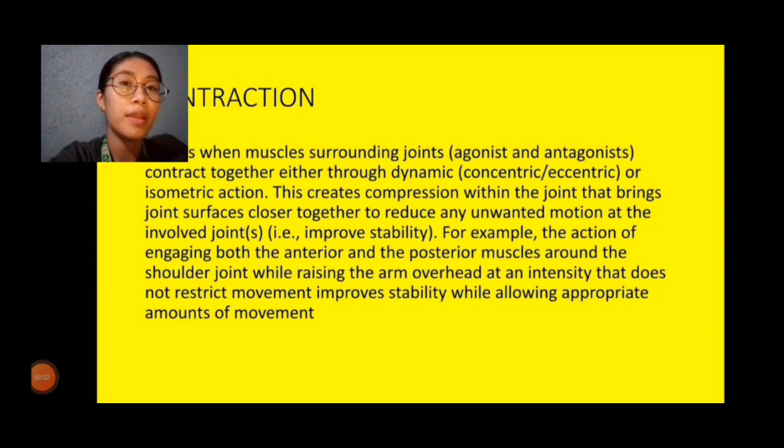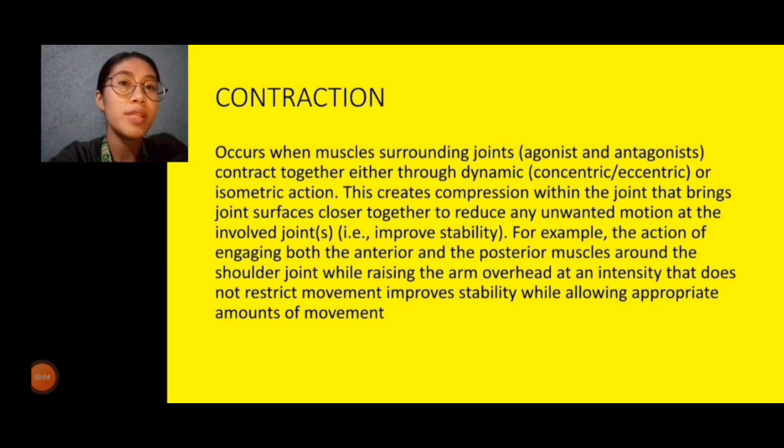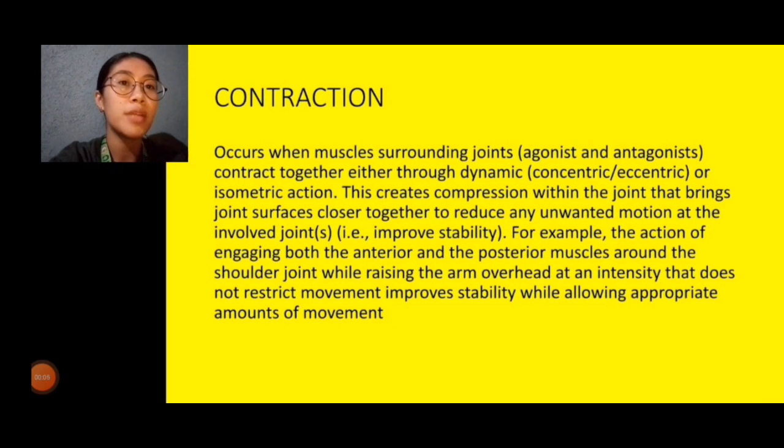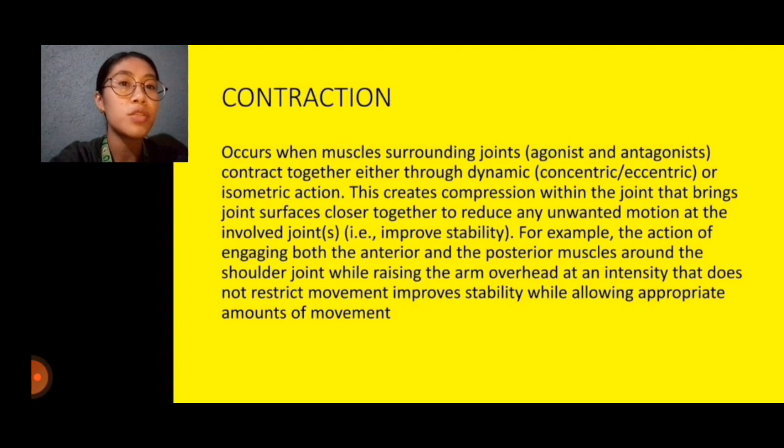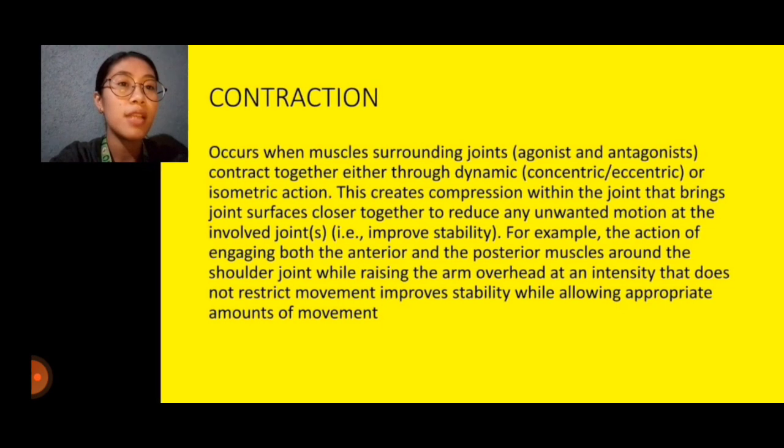Second to the last topic is co-contraction. When we say co-contraction, it occurs when muscles surrounding joints, agonist and antagonist, contract together either through dynamic or concentric or eccentric or isometric action. This creates compression within the joint that brings joint surfaces close together to reduce any unwanted motion at the involved joints or improve stability.